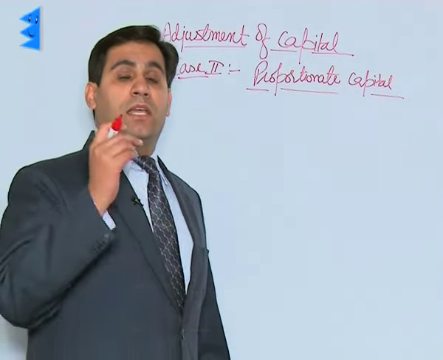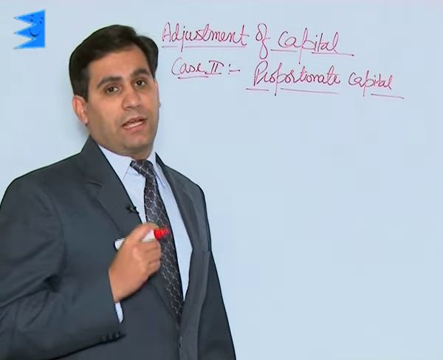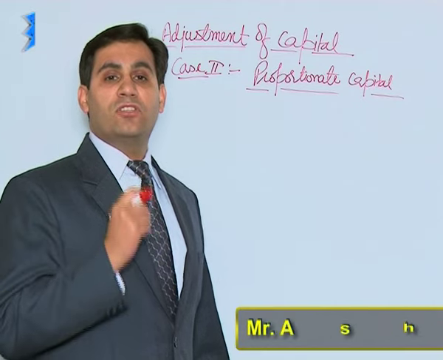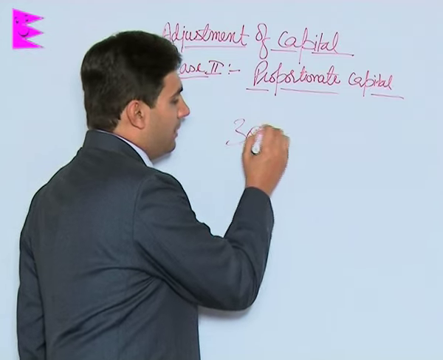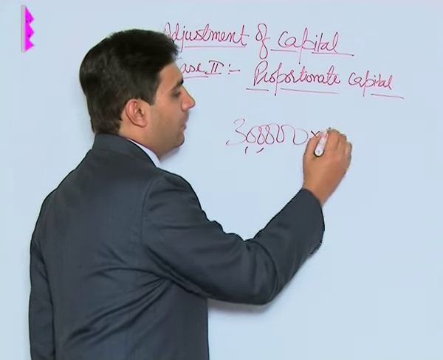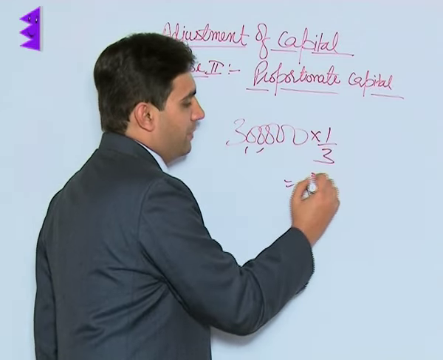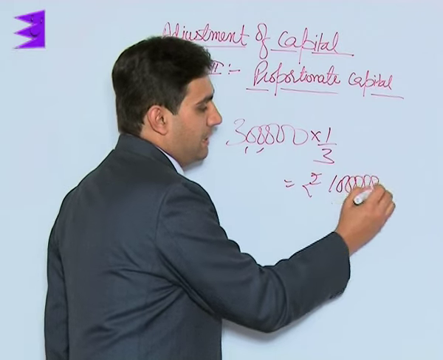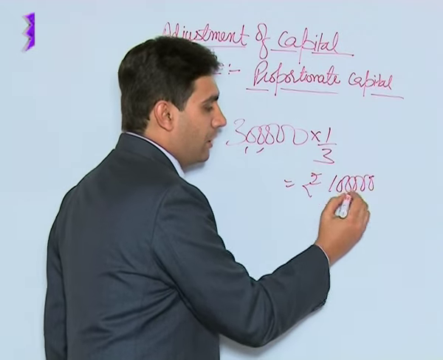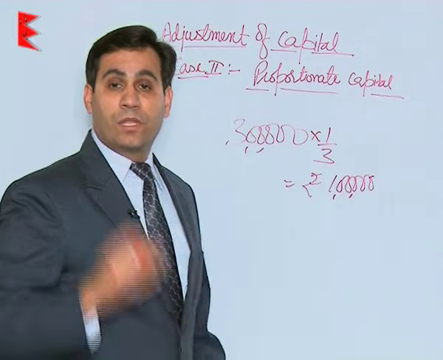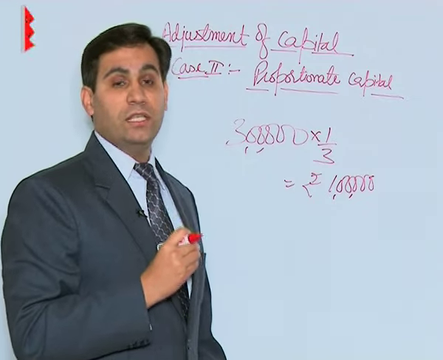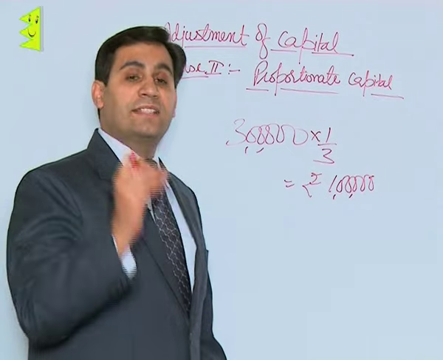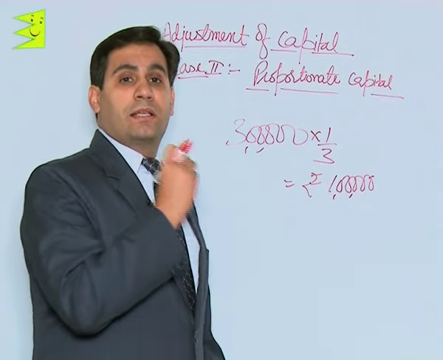That is, if the total capital of the firm is 3 lakh and the agreed share for the new partner is 1/3, he'll simply bring in 3 lakh into 1/3, that is rupees 1 lakh as capital. He is not bothered about the capitals of the other partner, but he'll bring in his capital according to his share in the firm.